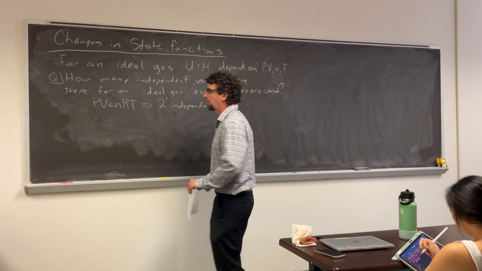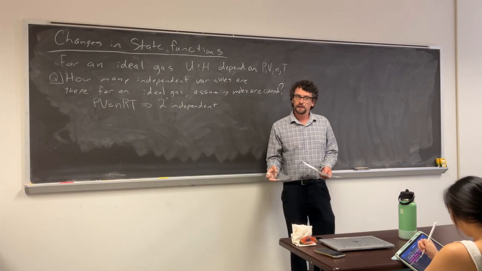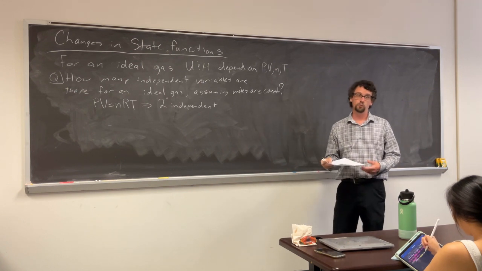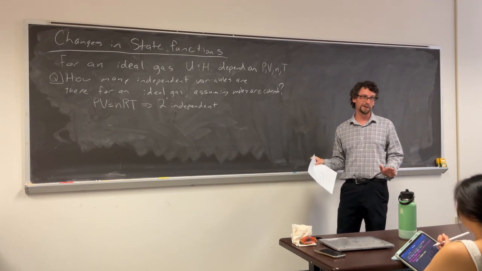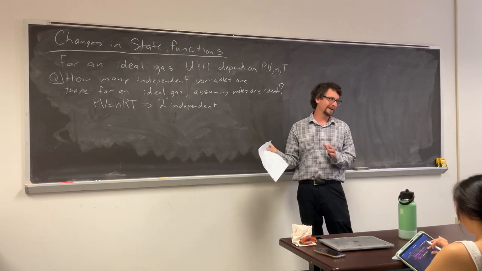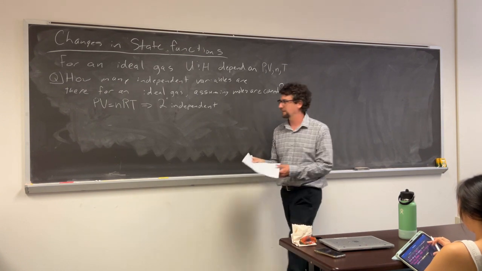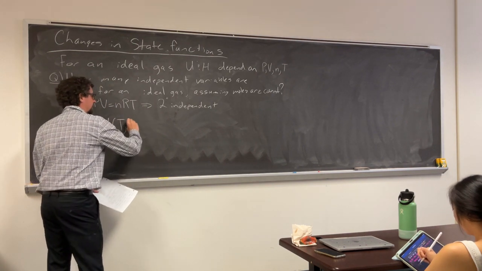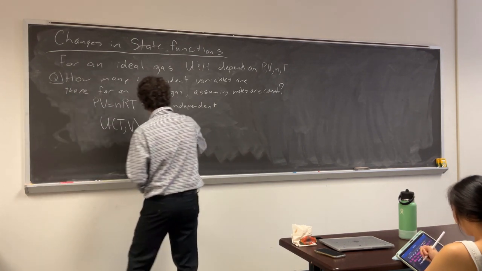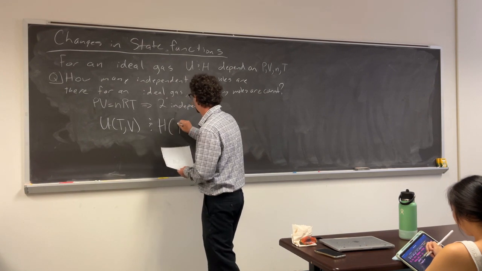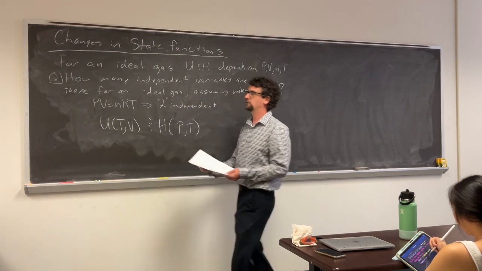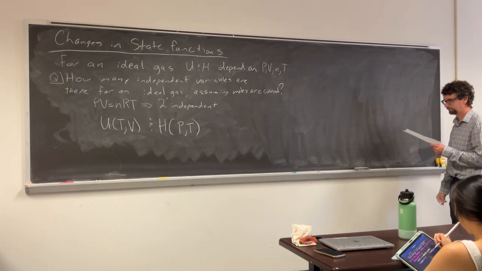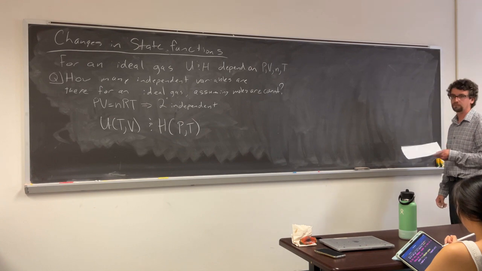Okay. We could pick any combination we want to express U and H. We're going to pick ones that make math easier. You can prove it to yourself later on that it in fact is easier, but we're going to pick some easy ones. So we're going to say U depends on temperature and volume, and H depends on pressure and temperature, and there's a reason for that.